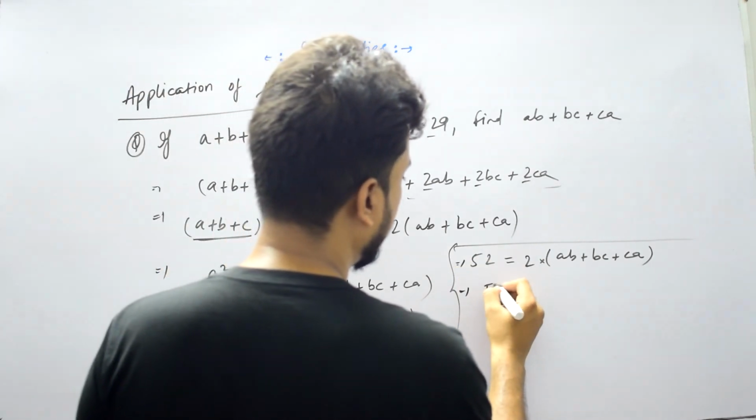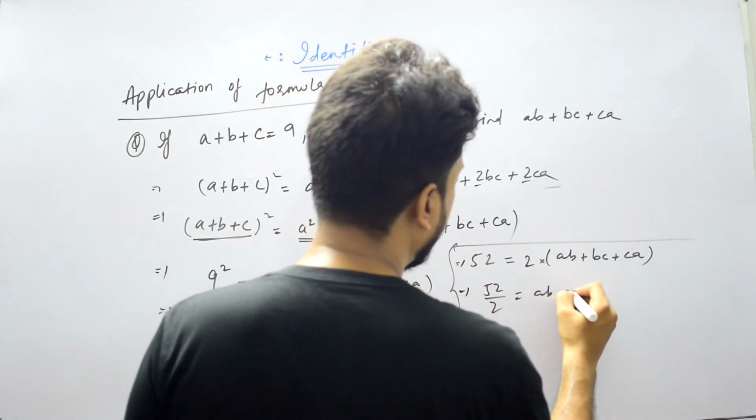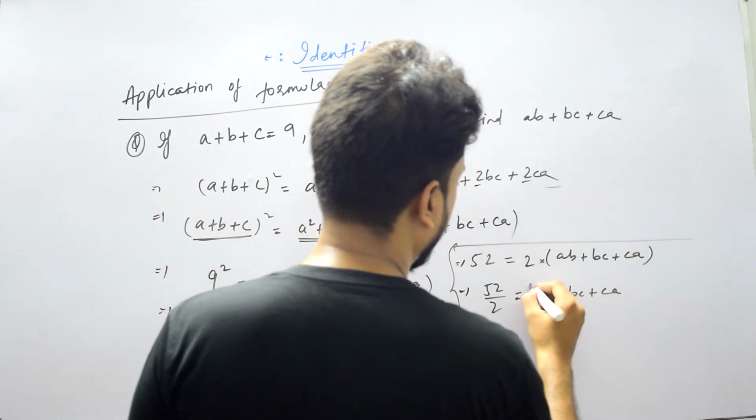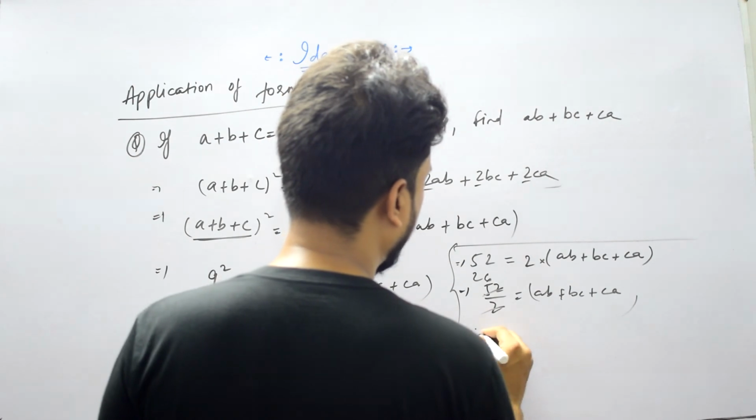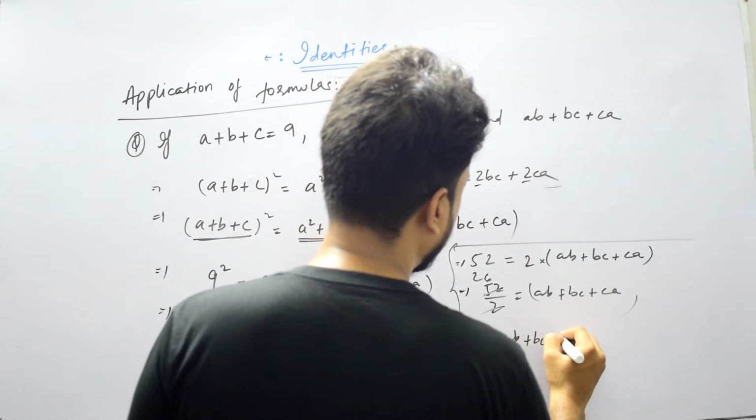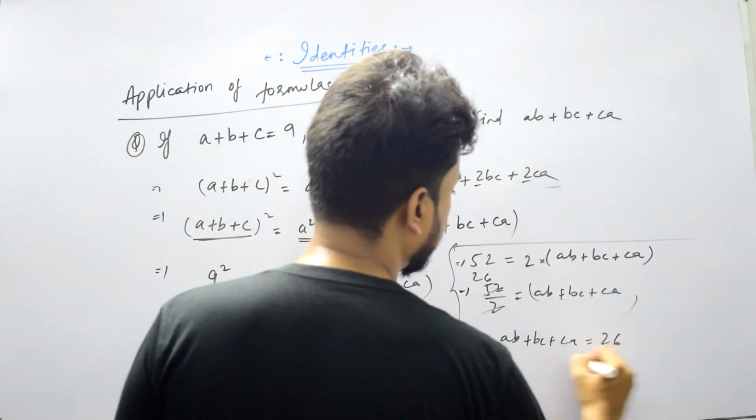So it becomes 52 by 2 equals ab + bc + ca. Cancel it, it becomes 26. Therefore my final answer, ab + bc + ca, is 26.